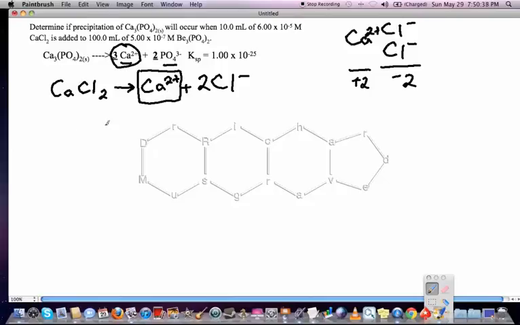So I'm going to go ahead and find the concentration of the calcium 2+ in this solution. What I'm going to do first is make sure that my number of moles are correct. Now if I've got calcium chloride, it's a one-to-one reaction. So for every mole of calcium chloride I have in the solution, I'm going to get 1 mole of Ca2+. So I'm going to do a calculation that reflects that. Now I'm going to convert the concentration of CaCl2 into the concentration of Ca2+.